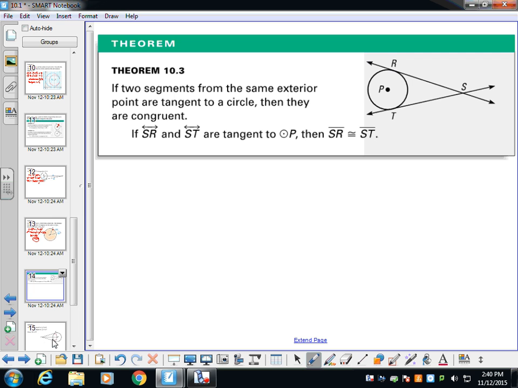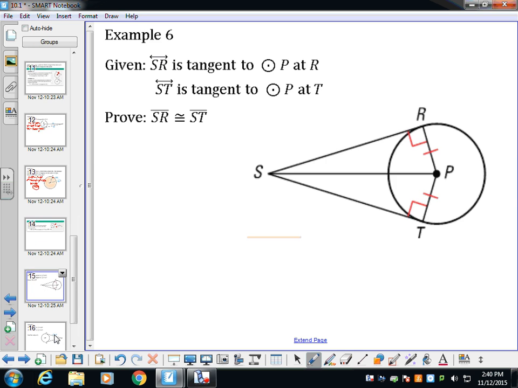Theorem 10.3, if two segments from the same exterior point are tangent to the circle, then they are congruent. So if SR and ST are both tangent to my circle P, then that means ST and SR are congruent segments. We won't fully work through the proof, but I just want us to realize that this is true.